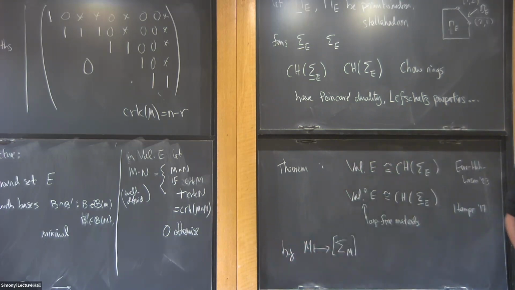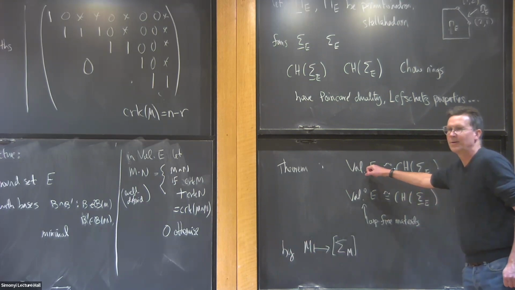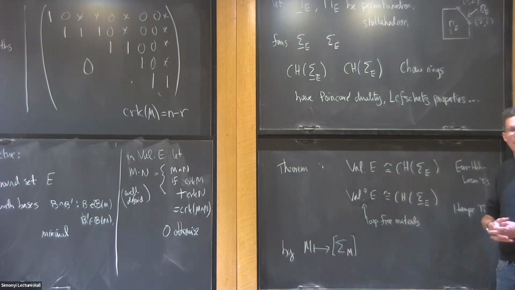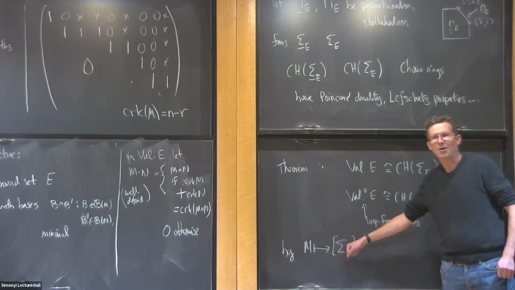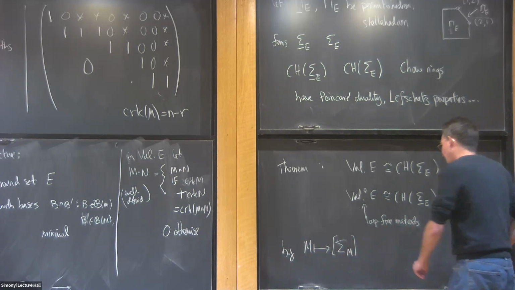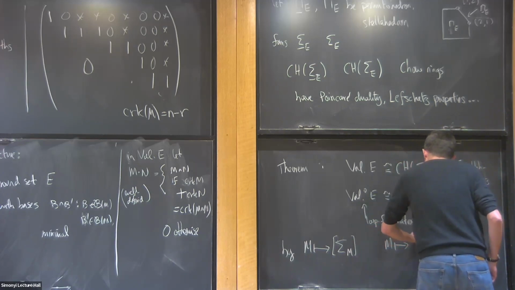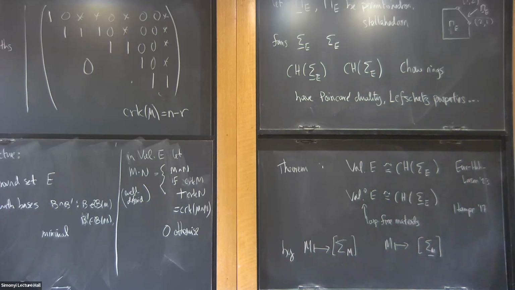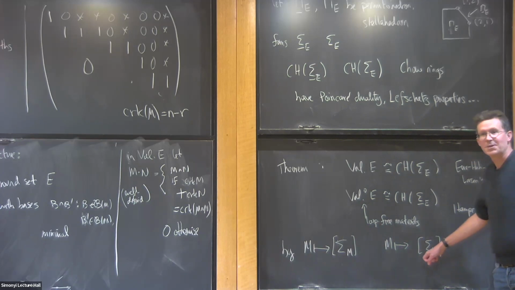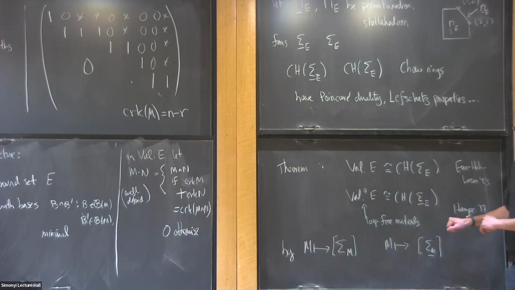The generators over here are matroids, and I can send a matroid to the class of its augmented Bergman fan, or its classical Bergman fan, if you prefer, which is just some subfan of the matroid polytope. It's maybe been mentioned here before that these are familiar objects that pop up.